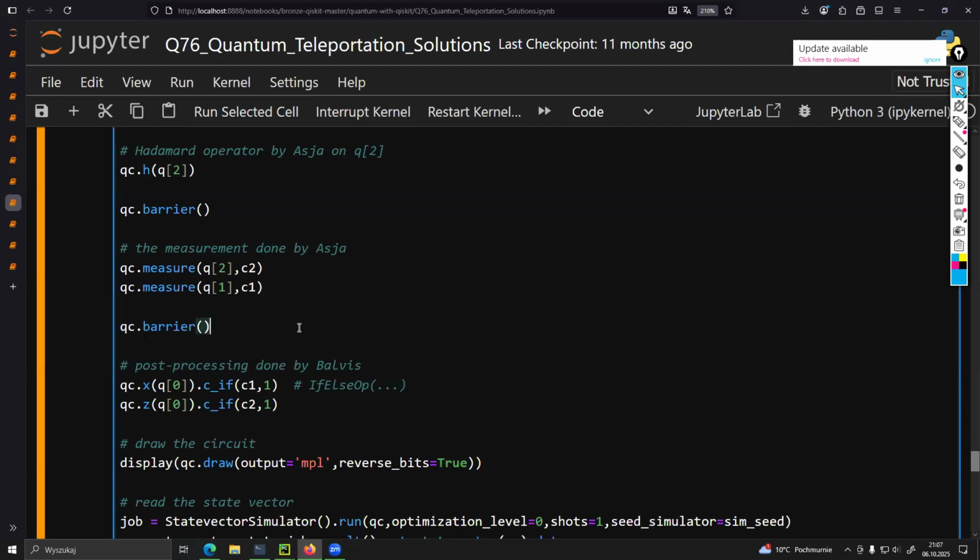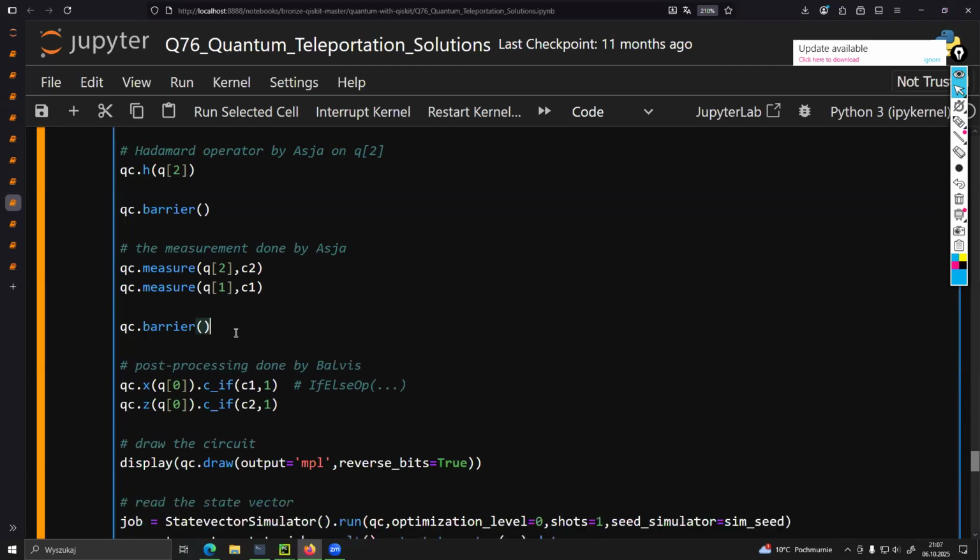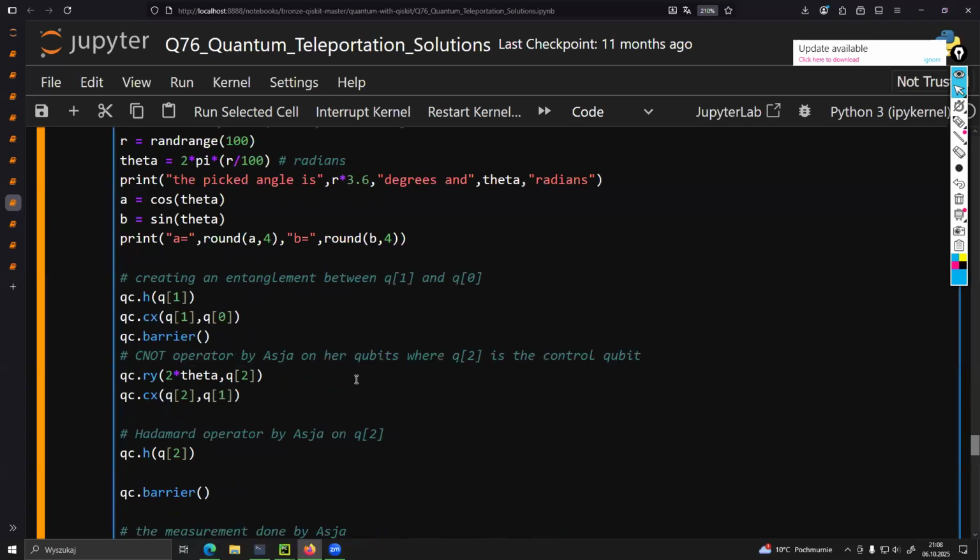Actually, there was one more difference. For example, in Qiskit 1.0, there was a QASM simulator. This no longer exists in Qiskit 2.2, so we have modified this.